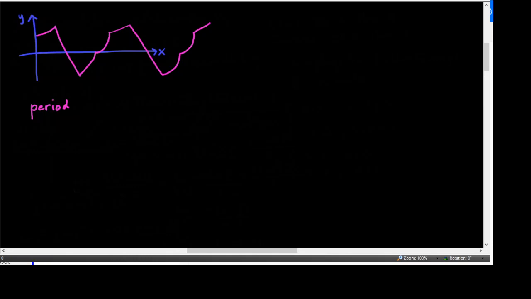Okay, it's the smallest possible value p in the following equation. And that equation is basically something that's going to help us understand what it means for something to be periodic.